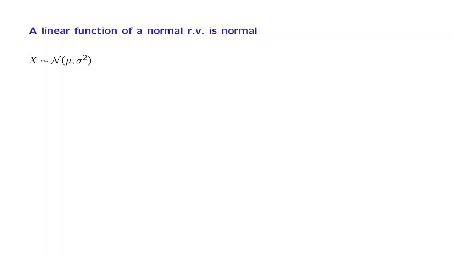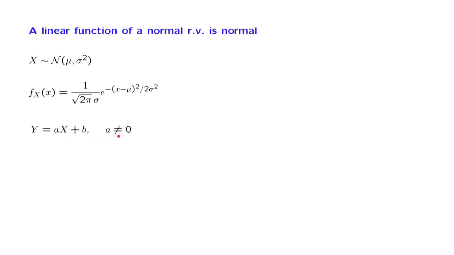Let us now consider an application of what we have done so far. Let x be a normal random variable with given mean and variance. This means that the PDF of x takes the familiar form. We consider a random variable y, which is a linear function of x, and to avoid trivialities, we assume that a is different than 0.